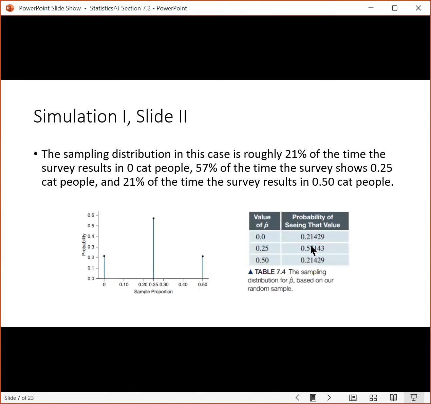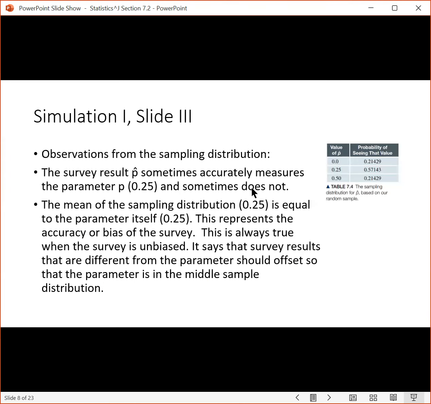So 57% of the time we actually end up getting 25%. We do end up getting an accurate estimate for the population parameter, but sometimes we don't as well. Although the population parameter is 25%, sometimes our sample gives us 0, and sometimes it gives us 50%. So sometimes it's wrong. So that's one thing to note.